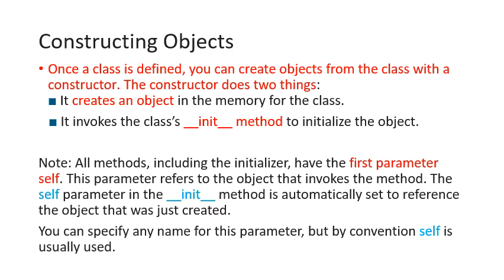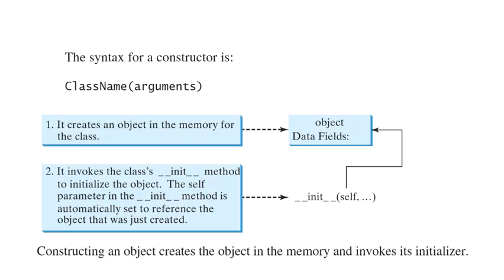All methods, including the initializer, have the first parameter self. This parameter refers to the object that invokes the method. The self parameter in the __init__ method is automatically set to reference the object that was just created. You can specify any name for this parameter, but by convention self is usually used.